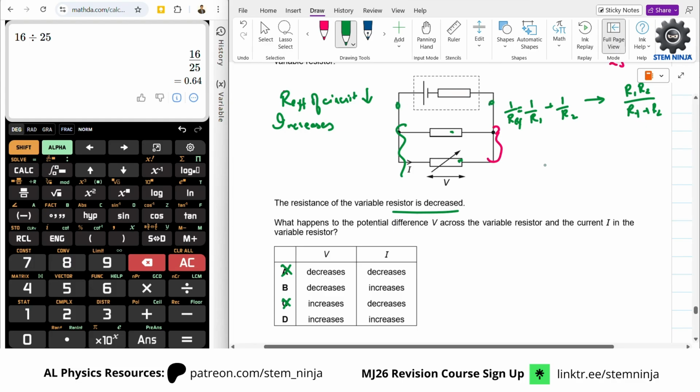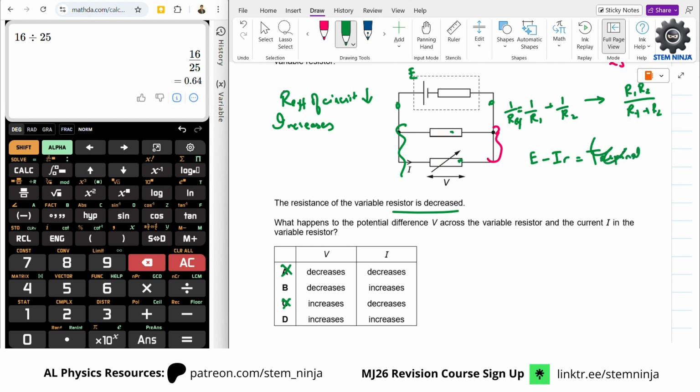V is equal to EMF minus the lost volts, which is the terminal potential difference, and this is just equal to V. If the current is increasing, the lost volts would increase, so the V would decrease. B is the correct answer.